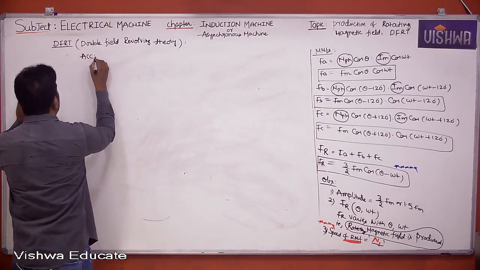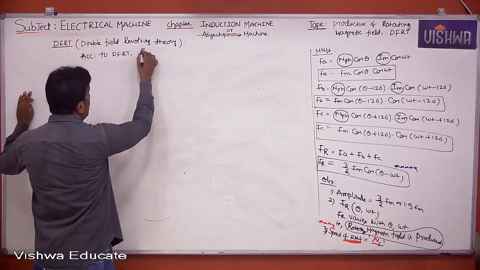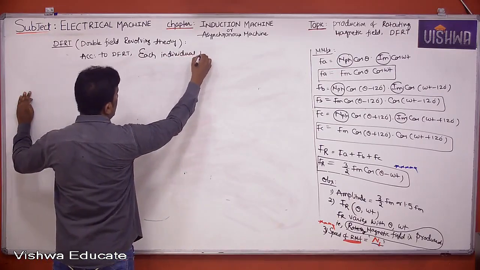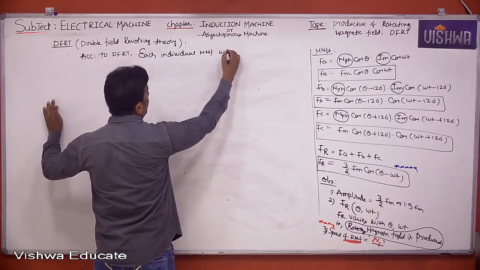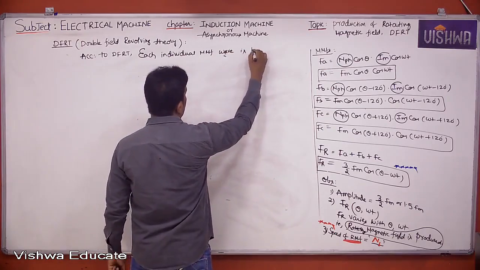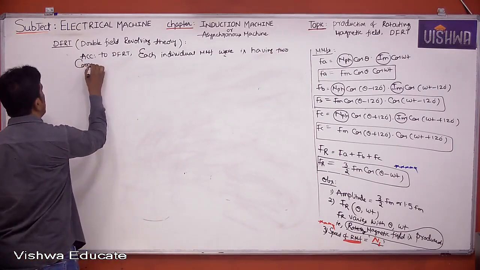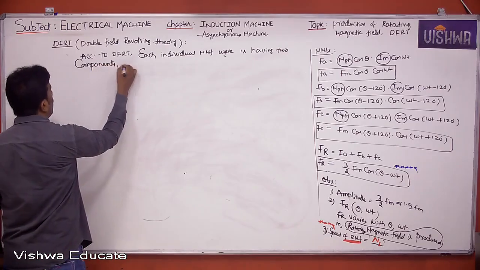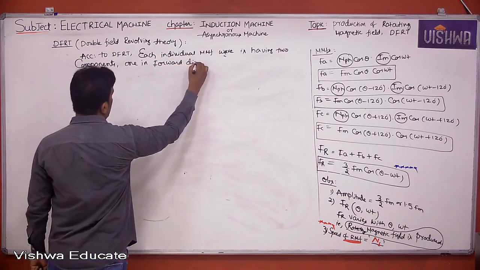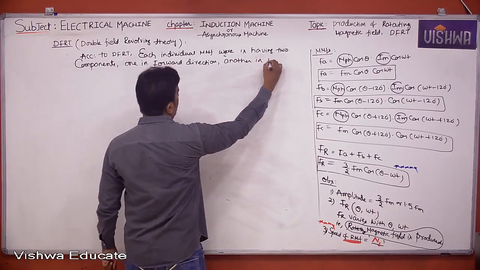According to double field revolving theory, each individual MMF waveform has two components, one in forward direction, another in backward direction.